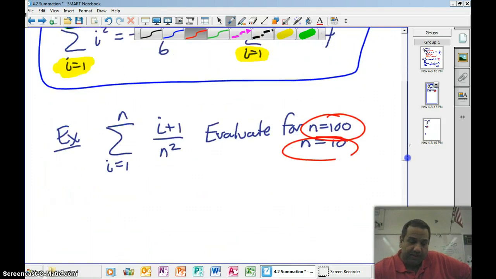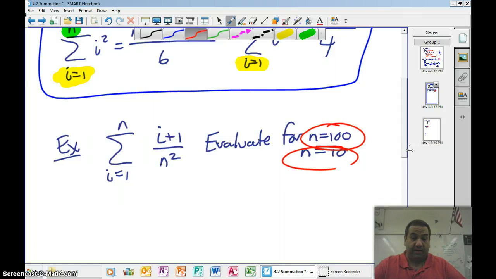So let's do maybe a few. Here's 2 problems. I'm going to do the sum from i equals 1 to n of (i plus 1) over n squared. Evaluate for n equals 100 and for n equals 10. So let's see what I can do here. All right. n doesn't change, so I would consider this to be a constant.